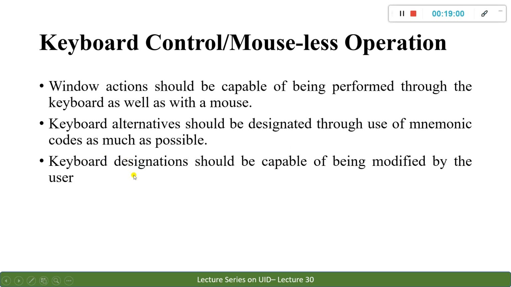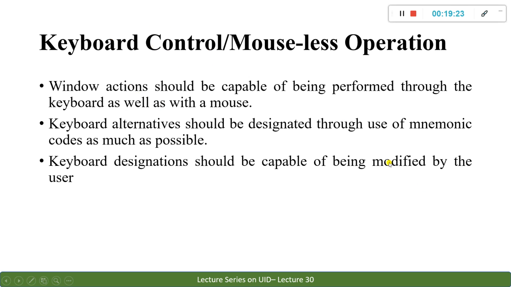So whatever you are designing for keyboard control, you give it, but it should be possible for the user to redesign or modify it. You should provide certain options to modify them. So this is one kind of operation that you can provide for a window.